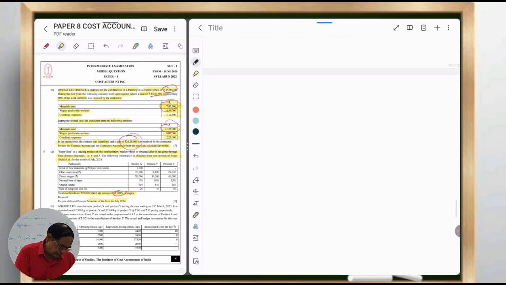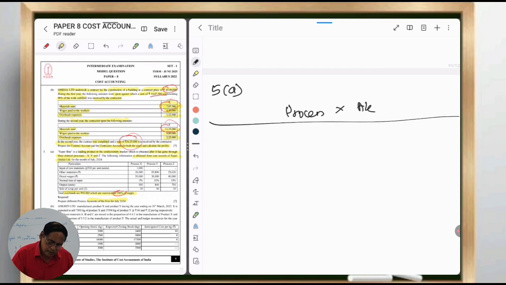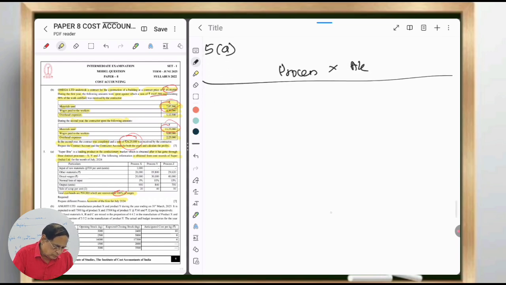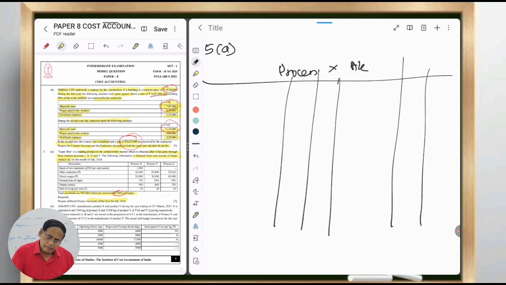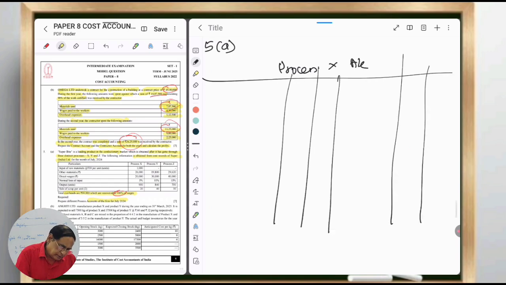Question number 5A. Process X. Process X account, with columns for units and amount.